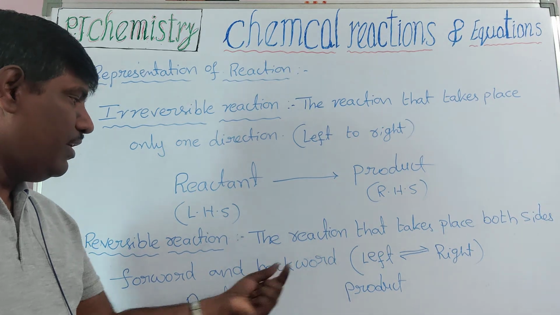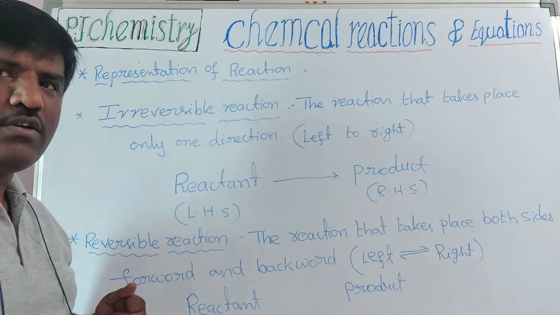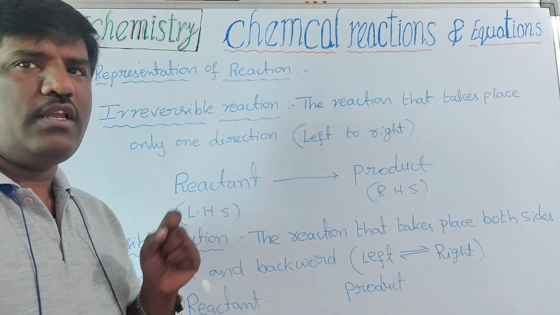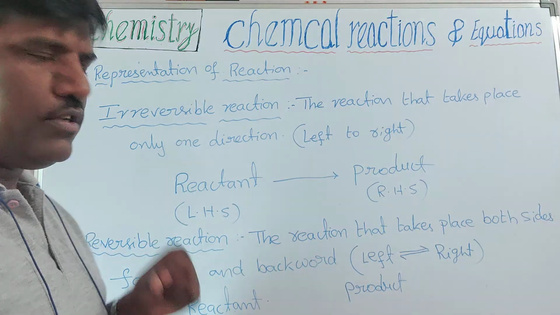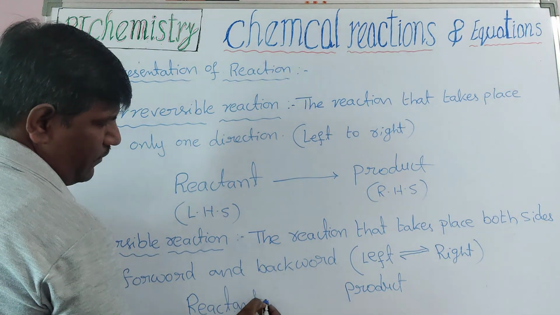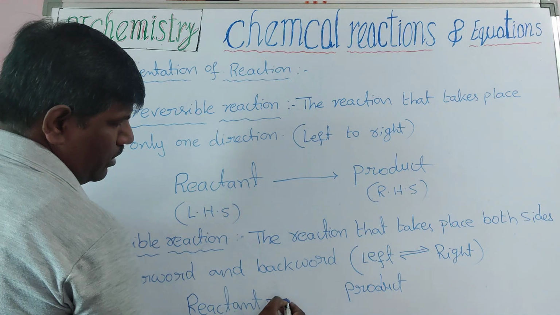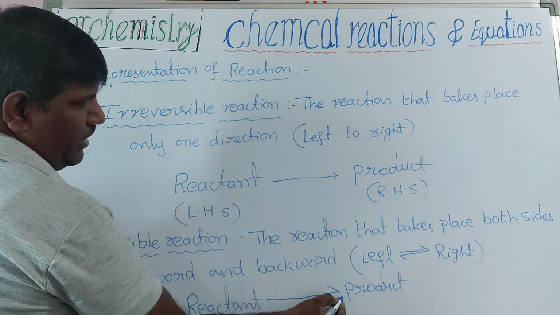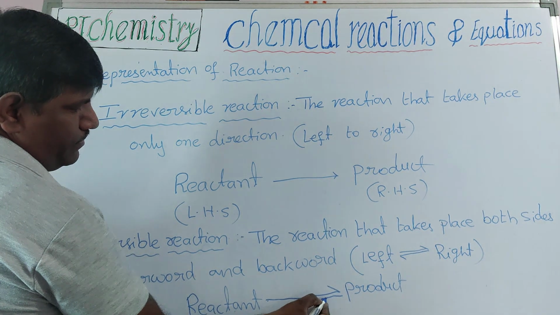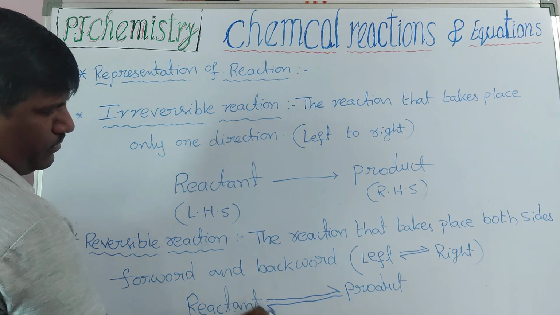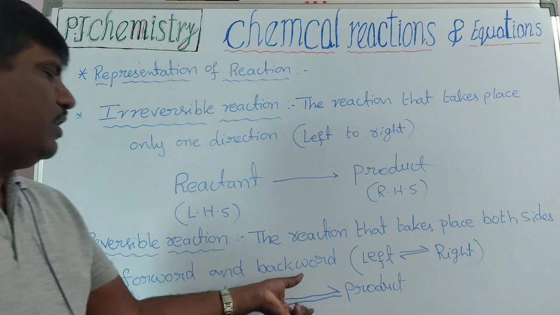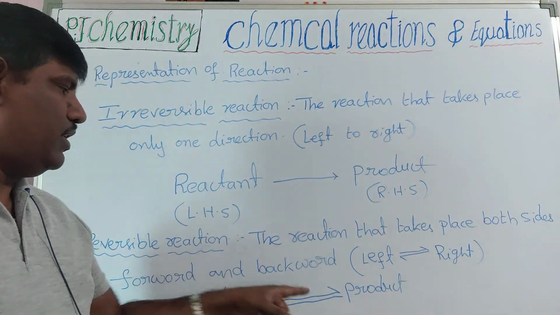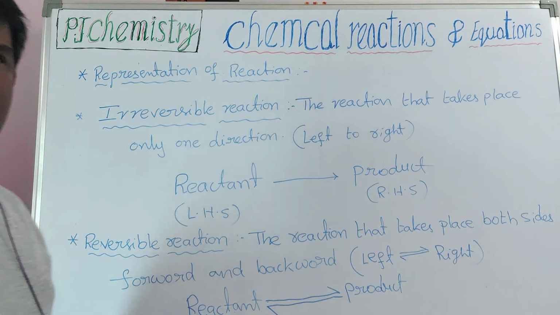But here both sides are happening, so we represent it with half head arrow symbols in opposite ways. Two half head arrow symbols. The first half head shows like this, the second half head is the opposite. This is what we call the reversible reaction symbol.